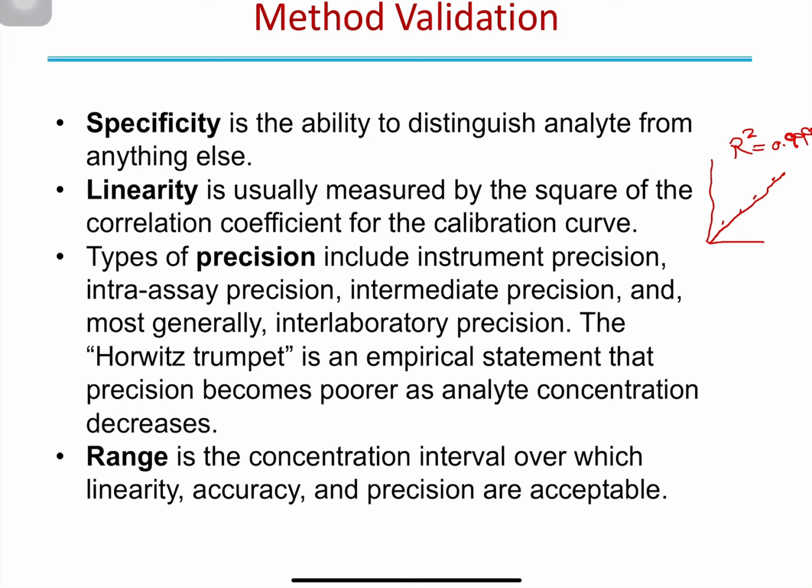If you use a certain method and the expected concentration of copper in water is not in the method's range, then this method cannot be used for that intended purpose, the measurement of copper in drinking water. So this is what we mean by range and why the range is important.